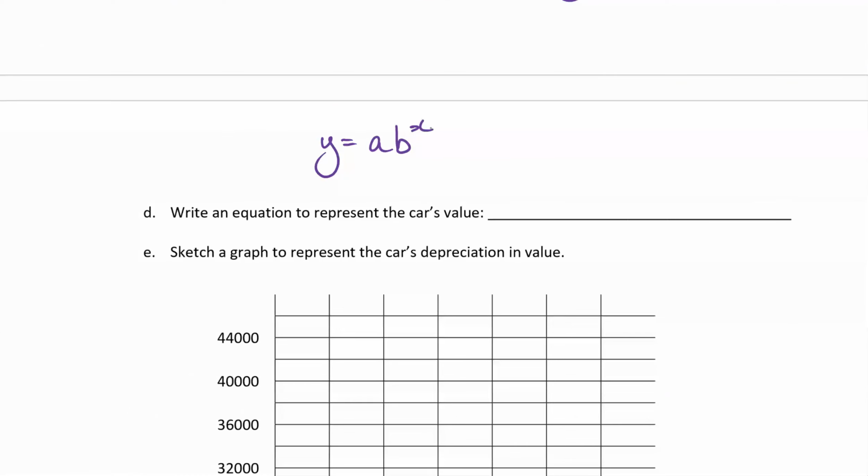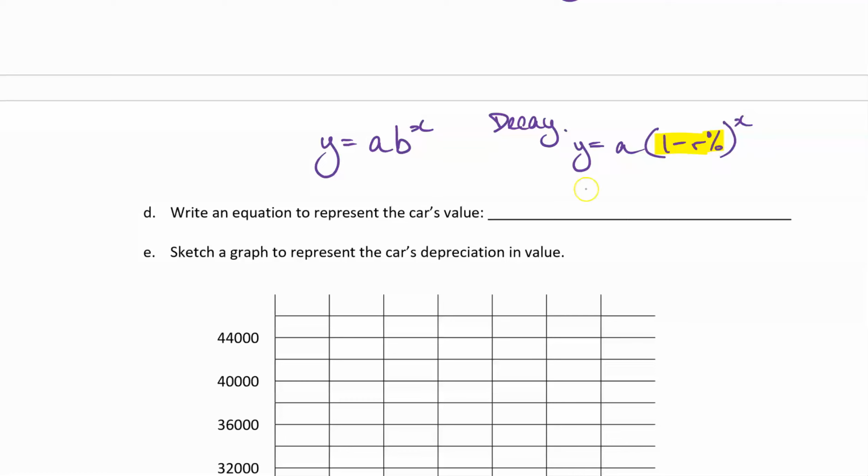Okay, so a is the initial value, and b is the amount of growth or decay. In this case, this is a decay situation. So we know that we're going to write y is equal to a times 1 minus r as a percent. And we got that from just above when I highlighted it, okay? And then we got the x here.